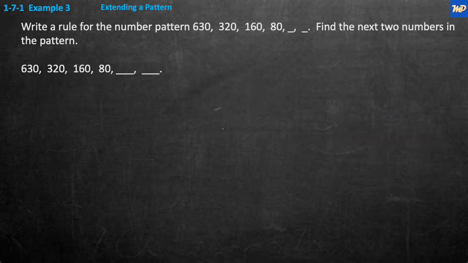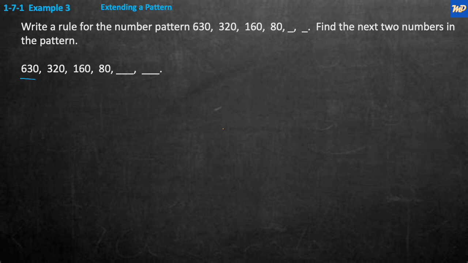Example 3, extending a pattern. So what we're going to do is take the pattern and come up with a rule. It says write a rule for the pattern 640, 320, 160, 80, and find the next 2 numbers in the pattern. So we start off with 640, and then what? In order to get 320, it looks like we're going to take half of the value.